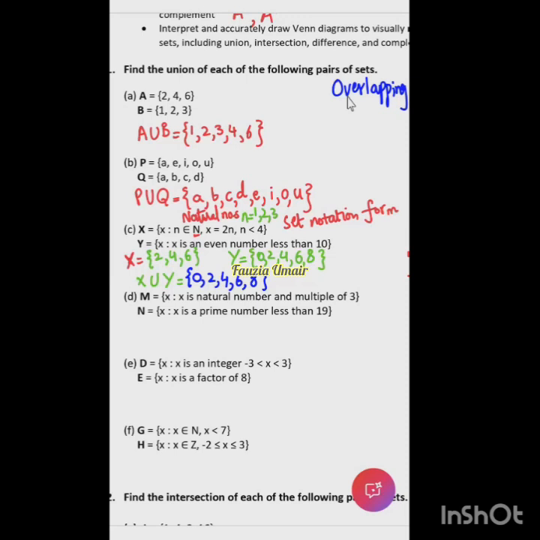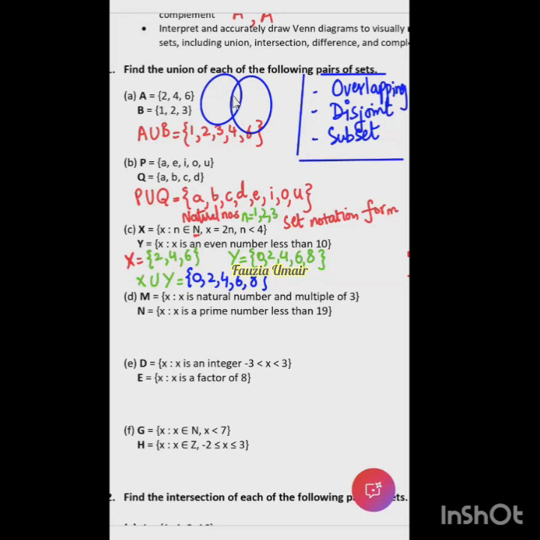Okay, so if you look closely, sets A and B, they are what kind of sets out of these three? Are they overlapping, disjoint, or subsets? Overlapping, right? Why they are overlapping? Because if you draw their Venn diagram, so set A and set B, they are having 2 in common.